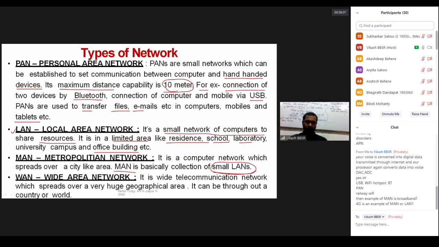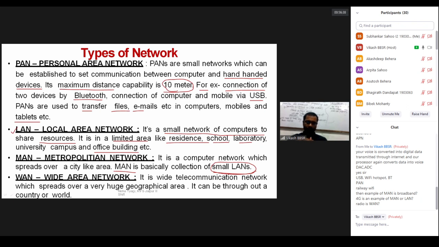And 4G network, 5G network, they will come under WAN also. Because suppose 4G network, Jio 4G, Airtel, whatever the 4G network for Odisha, it is not covering only one city, it covers the whole state.